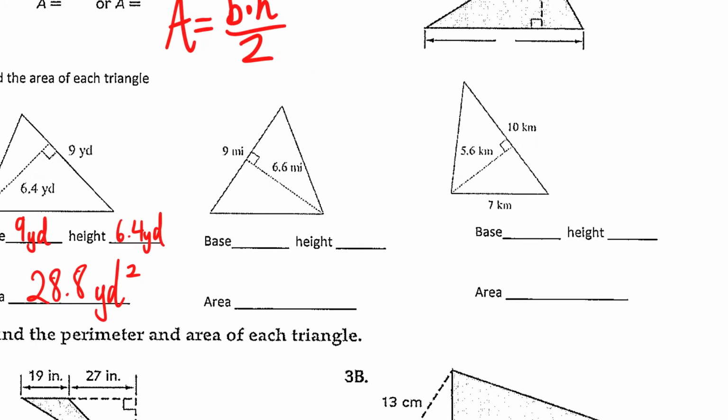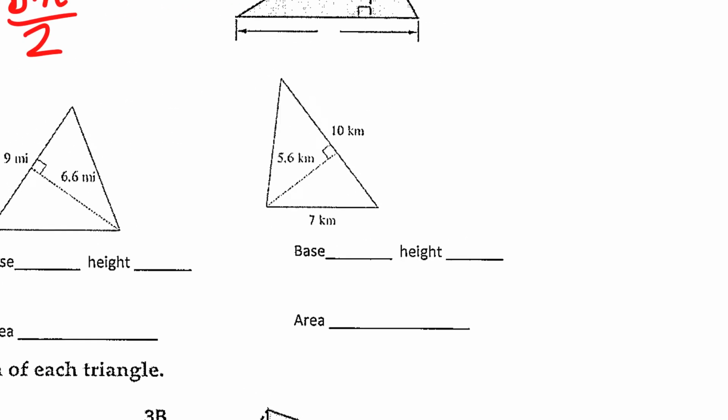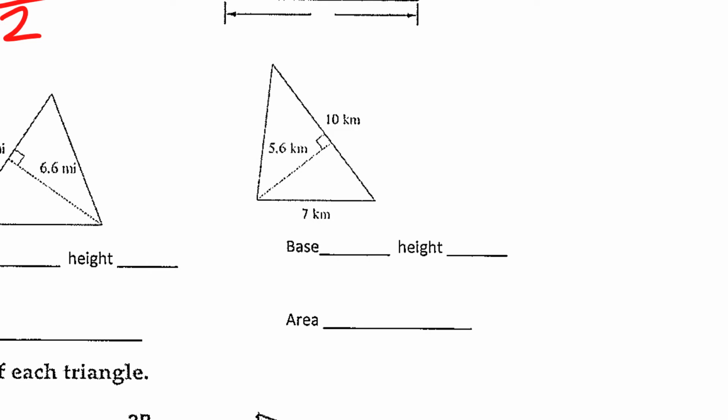Okay, that second one's exactly the same. Let's look at this one right here. What do you think we should use for the base on this one? 10. Okay, good. And then the height's going to be what? 5.6. Now, let's talk about this. Why would you not want to use 7 for the base? Because I don't know, that's exactly right.